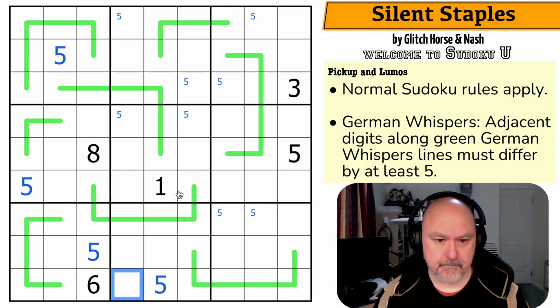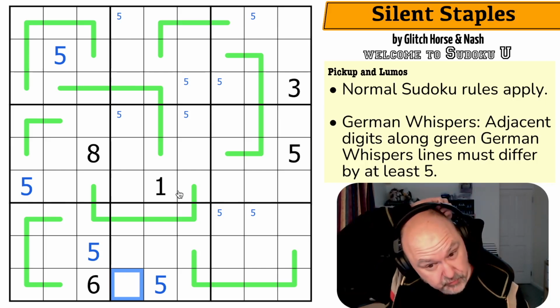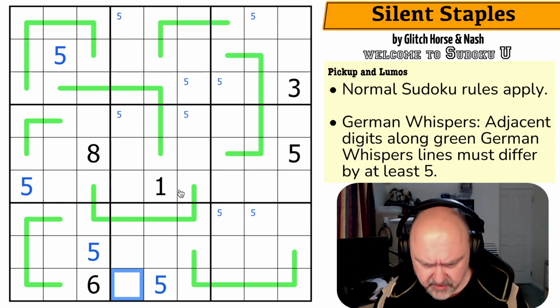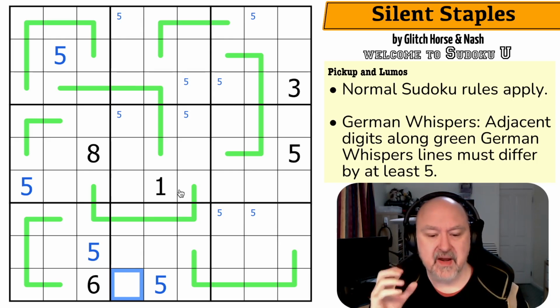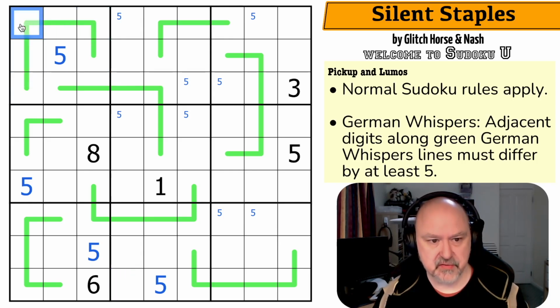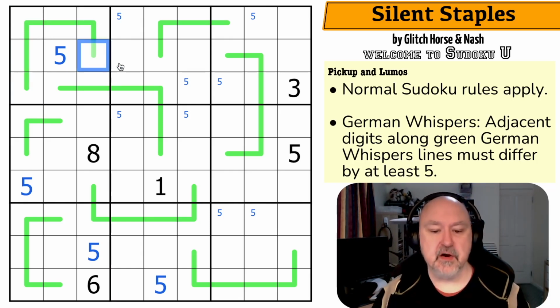Anyway, okay, so the next rule, and this one is important, and I'm not sure how I'm going to break into this puzzle, is what happens on German whisper lines with high and low digits. Because you cannot put 5 on a German whisper line, any digit on a line must either be below 5 or above 5.